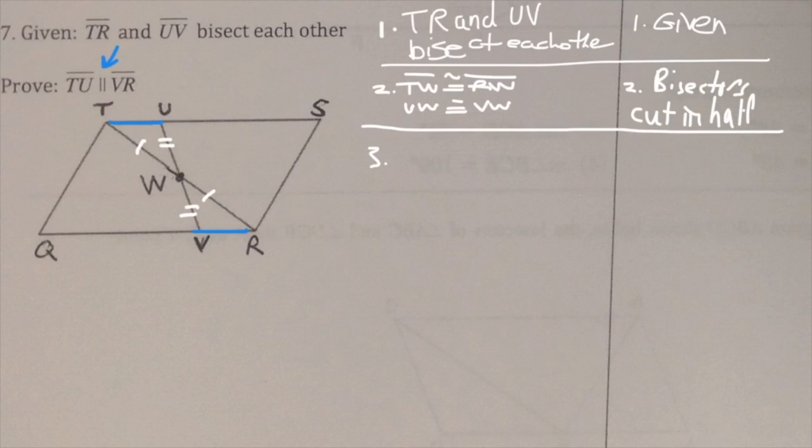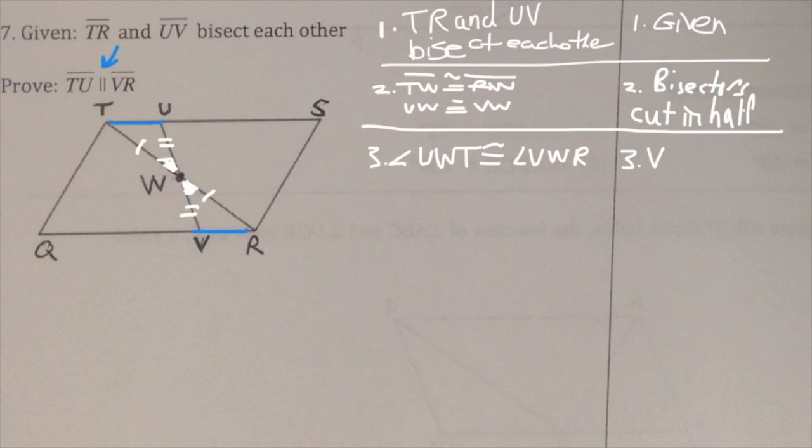Then the vertical angles appear. So the angles in white are the same. Angle UWT is exactly the same shape and size as angle VWR.